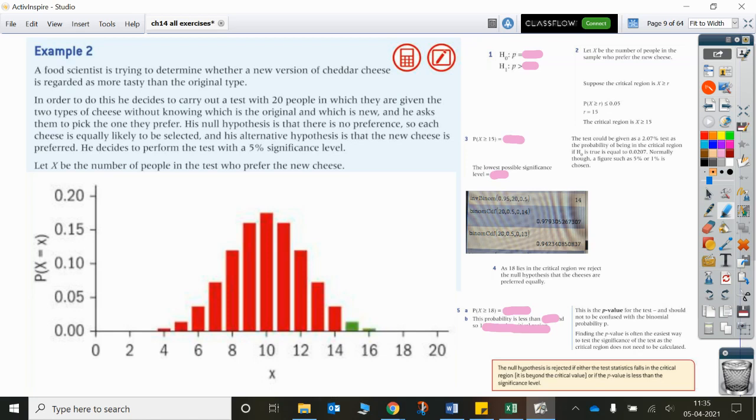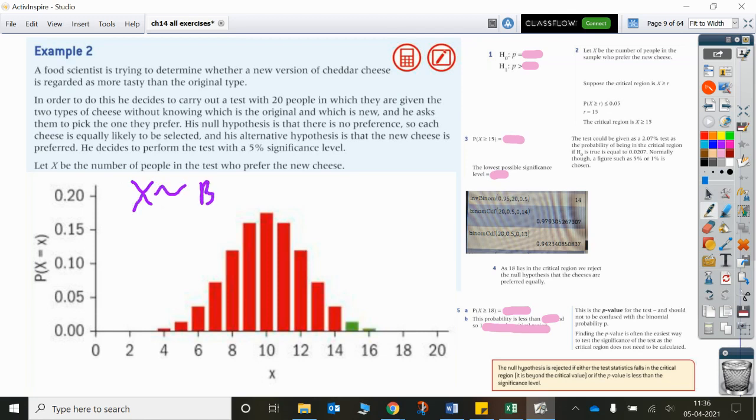Okay, and in terms of how that will look as a distribution, you will expect out of 20 choices here, out of 20 people, that the most likely option is you're going to have 10 people, in other words, 20 times by a half, that's n times p for a binomial distribution. You're going to have 10 people, which is the most likely scenario here, as saying they don't favor one over the other. Okay, now in fact, what we're talking about here is a binomial distribution.